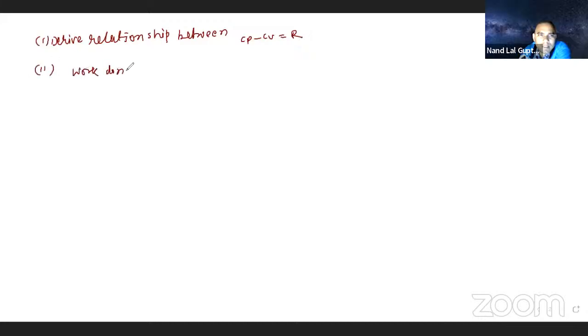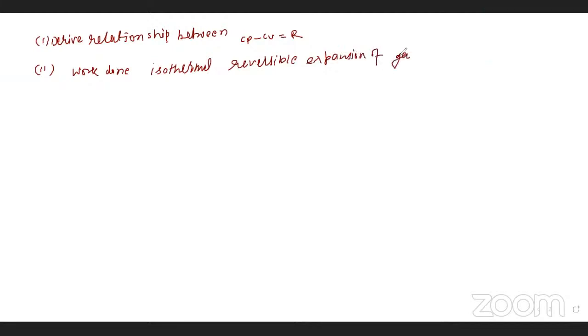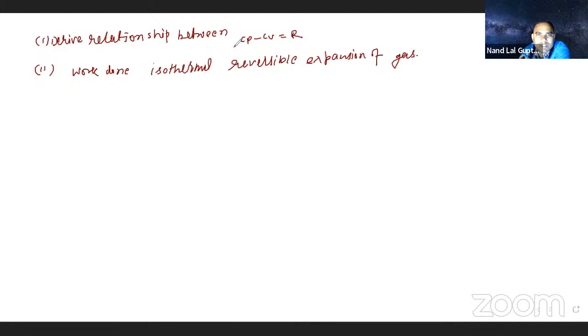Work done in isothermal reversible expansion of gas. Do you know this one? No, sir, this second one I do not know. It is from thermodynamics only.